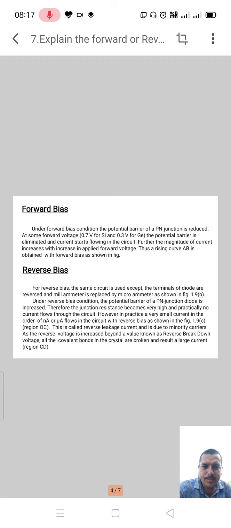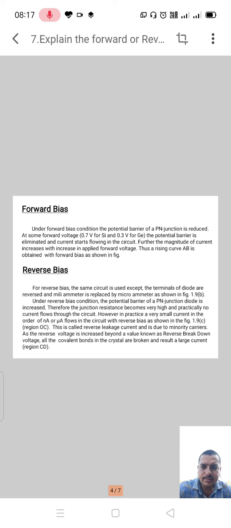However, in practice, a very small current in the order of nanoamperes or microamperes flows in the circuit with reverse bias, in the region O to C in the figure. This is called reverse leakage current and is due to minority carriers.